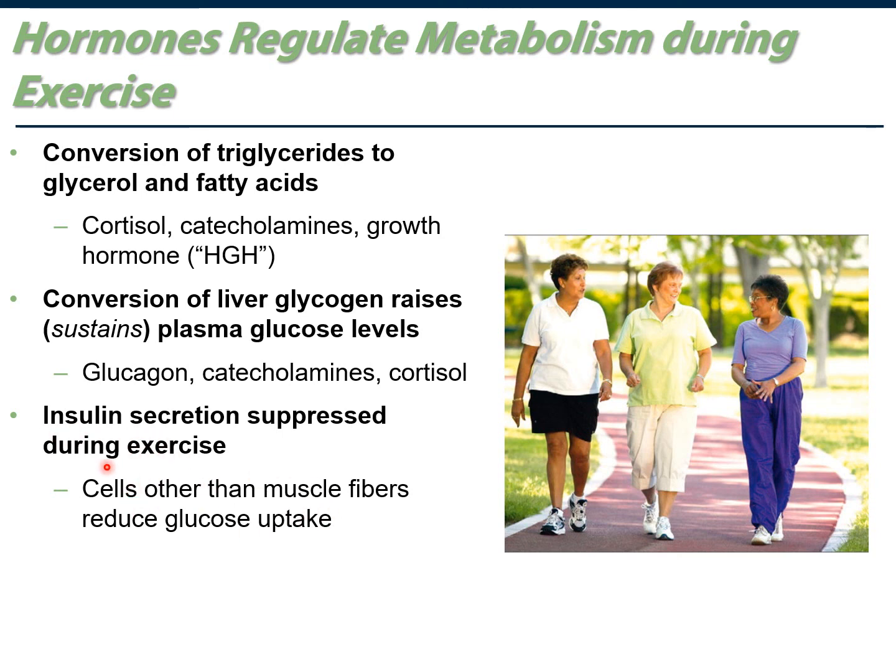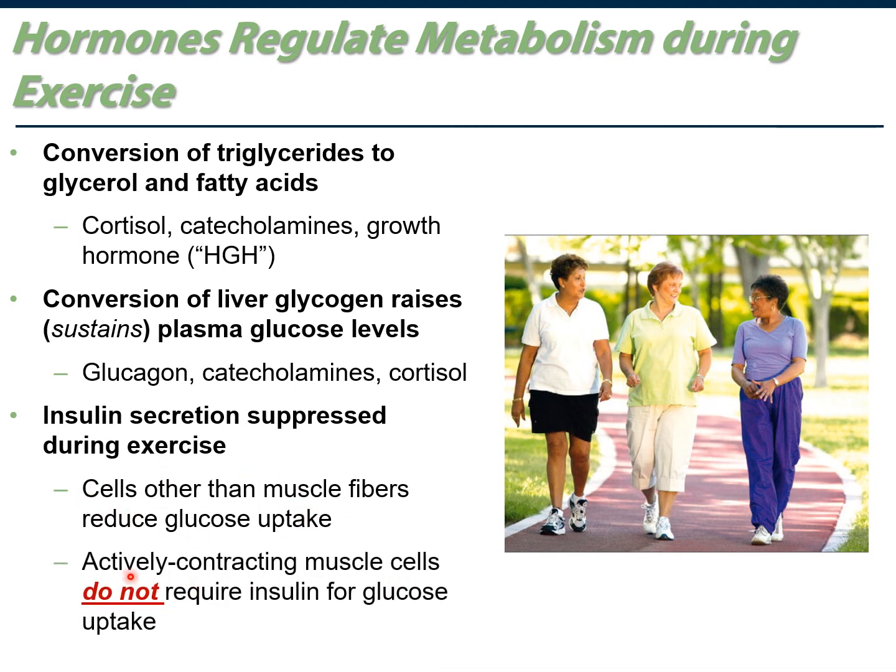What it's doing is preventing unnecessary glucose uptake. We're exercising right now, so we don't need certain types of organs functioning. For instance, digestive organs don't need to function all that much during exercise. All right? So some cells are going to have lower uptake, but muscles have a separate signal for uptaking glucose that doesn't require insulin. Okay?